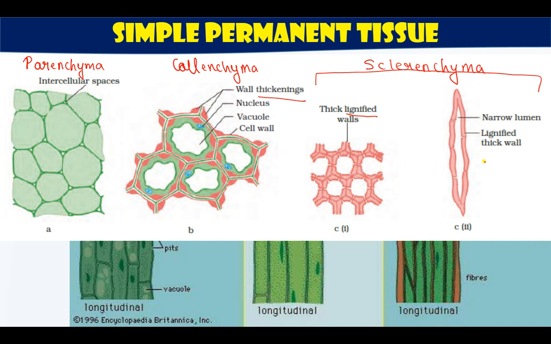This is a longitudinal section, right? And you can see the basic difference in the appearance or in the structure of parenchyma, collenchyma, and sclerenchyma. If you can remember this difference with the help of this picture, it would be quite easy to remember the theoretical portion regarding this. Right? Let us move ahead and now see each and every one of them in detail.